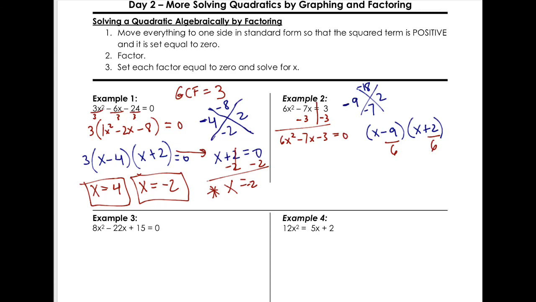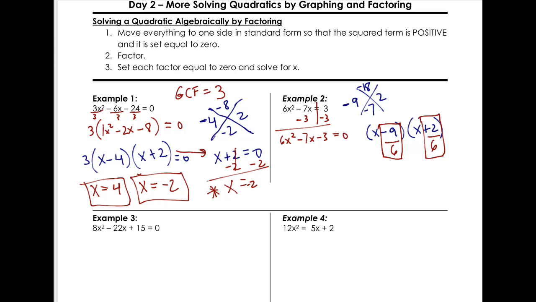Guys, this is where we get lazy and we don't simplify. Okay, the shortcut's not going to work. If we don't simplify, you'll get the wrong answer. So essentially, we are looking at just this portion right here.